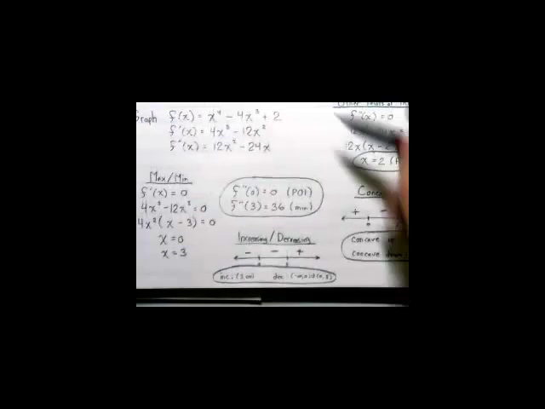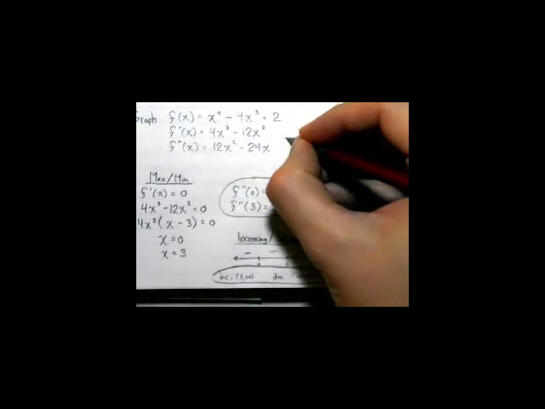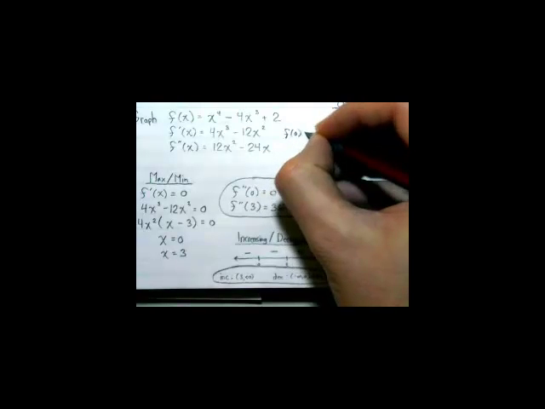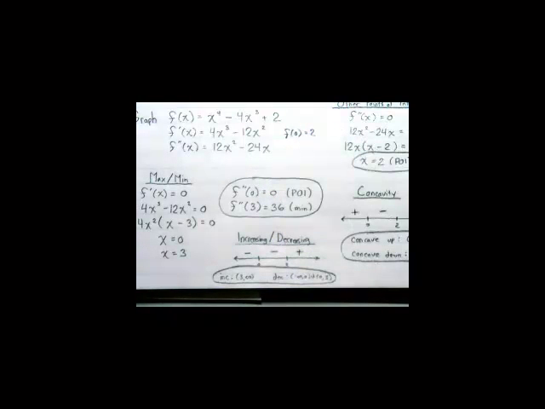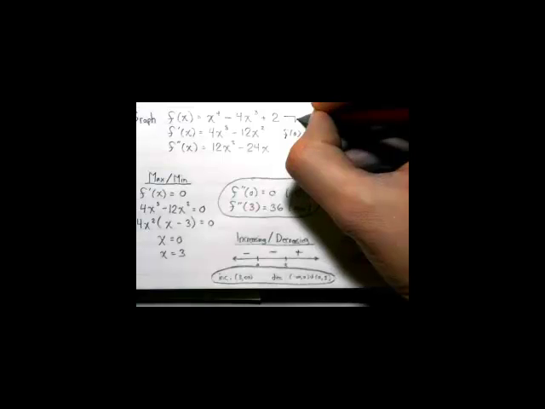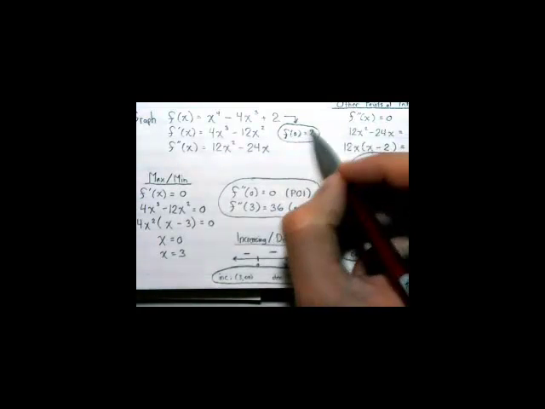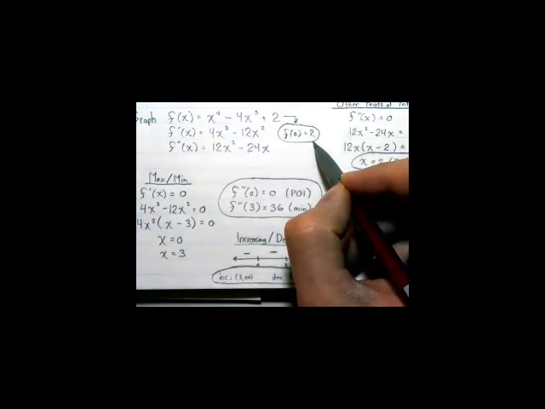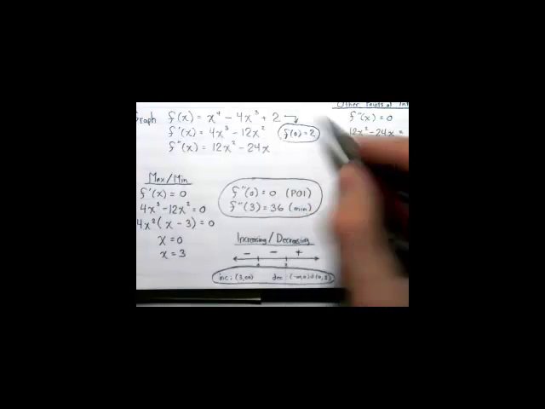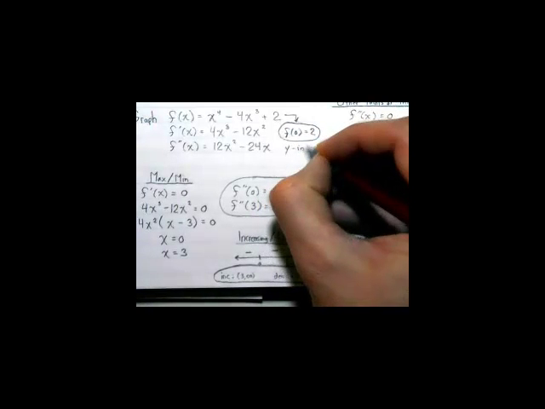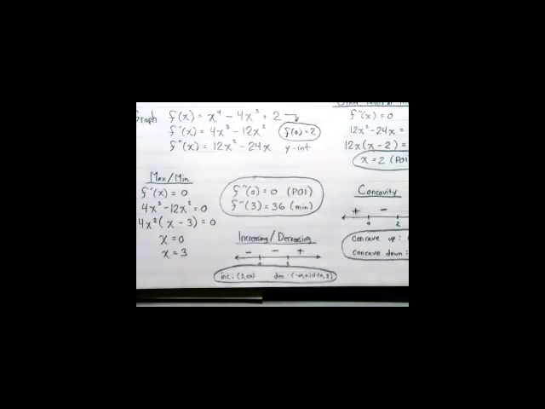What I would like you guys to do, another thing that's helpful with the original graph, I don't know if you guys thought about this at all, but x equals 2, if you look from the original graph here, this is another piece of information you can use. What's this 2? What is it? I think I heard you say it. The y-intercept. So you got that to work with too. Okay? So, on the same page, wherever you have some room, you try to sketch this now best you can.